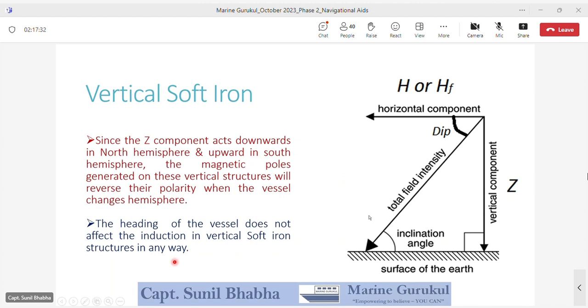So the heading of the vessel does not play any part in the induction or the polarity of vertical soft iron structures. The heading was important in case of HSI because when the heading changes, the orientation of the HSI with respect to the Earth's field also changes. But the heading has got no role to play in the induction of VSI, irrespective of which heading you are in. The polarity or the induction in VSI remains the same.